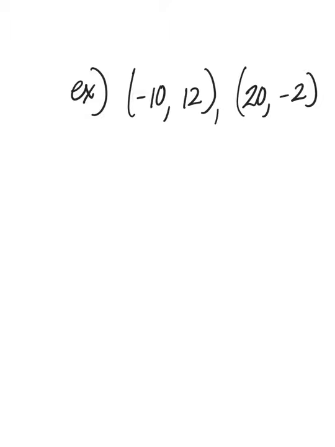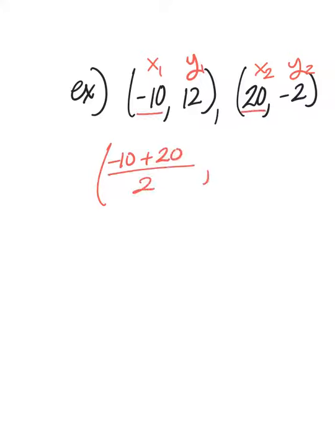Again, first thing we do, identify our x's and our y's. X, then y. X, then y. This is the first point, those are the 1's. The second point, those are the 2's. So now I just plug it into my formula. Negative 10 plus 20, that's my x1 plus x2 divided by 2. Y1 is 12 plus y2 is negative 2 divided by 2.